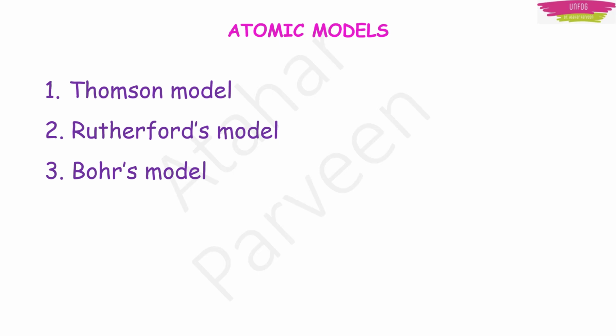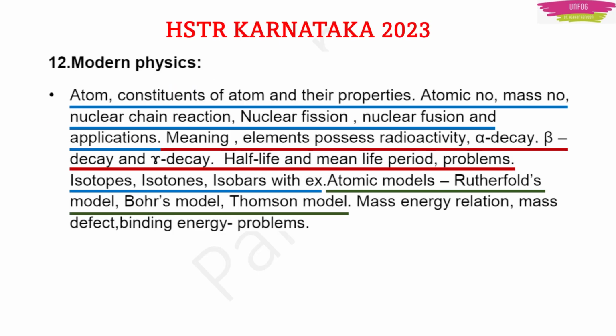This is the chronological order, unlike what is given in the syllabus. I will follow the actual chronological order without following the syllabus, because I want to build up a nice story, and there is a lot of connectivity between the models. So please tune in till the end of this class, because it is going to be a very interesting class.